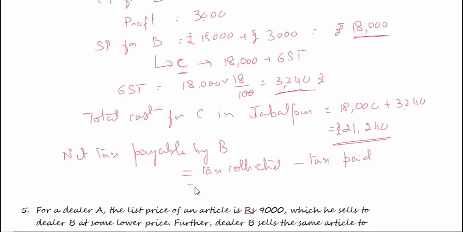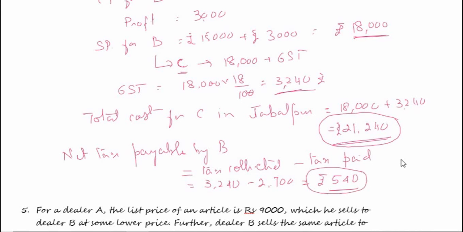He has collected rupees 3,240 from C and he has paid 2,700 to A. So the tax he has to deposit with the government is rupees 540. So this is one answer, the total cost of goods and services including GST, and this is the tax B has to deposit with the government.